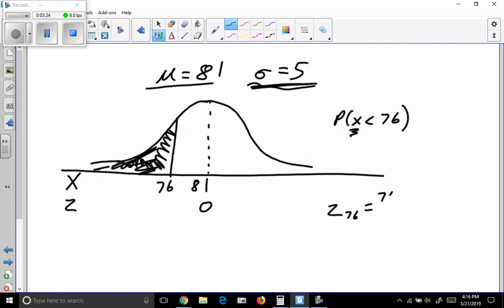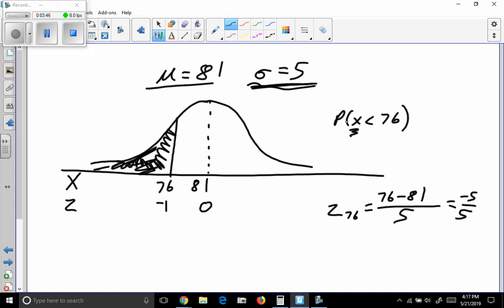So we take our x value and we subtract the mean, and we divide that by our standard deviation. So 76 minus 81, that's negative 5, divided by 5. So 76 is one standard deviation to the left of the mean.